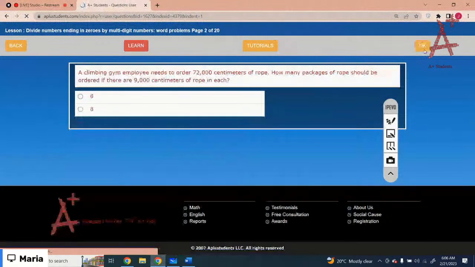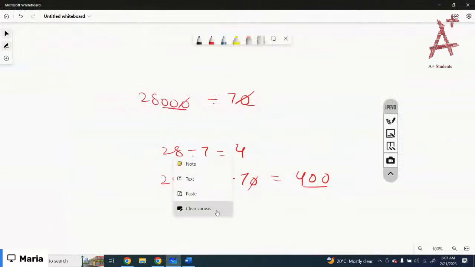Okay, the next one is a climbing gym employee needs to order 72,000 centimeters of rope. How many packages of rope should be ordered if there are 9,000 centimeters of rope in each? So it is 72,000 divided by 9,000.